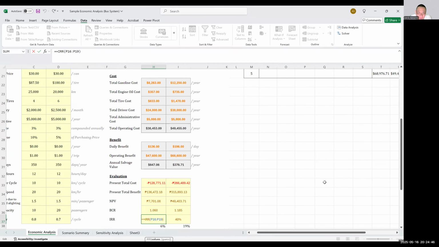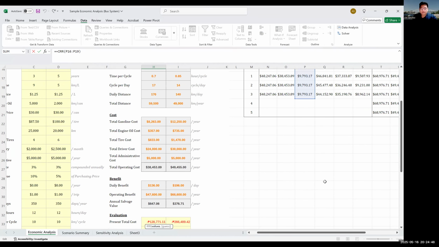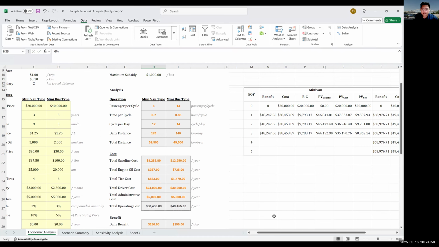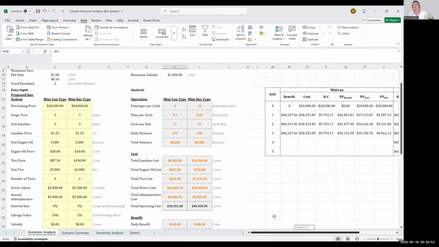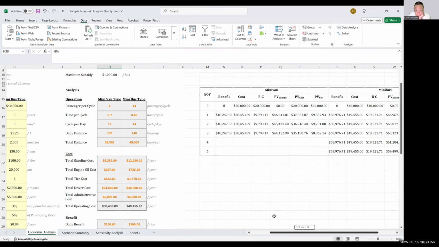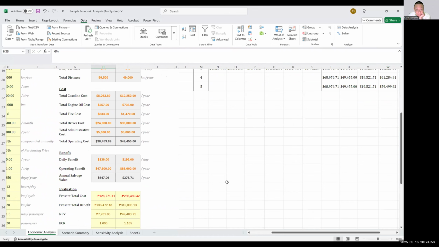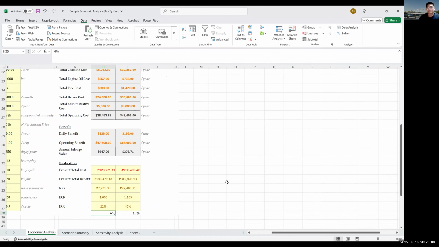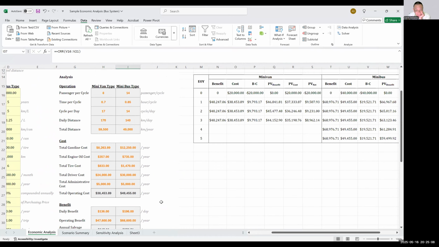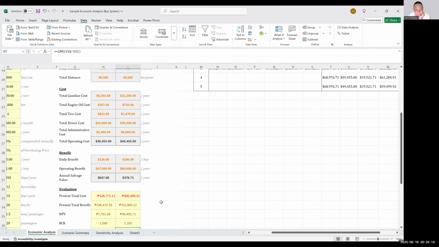But why only 3 years? Because it is set at 3 years for the minivan usage. Okay, so 3 years and 5 years, so higher value. Yes, sir, 22 and 40, so you can use that. So 40%. So in that case, I will choose minibus.